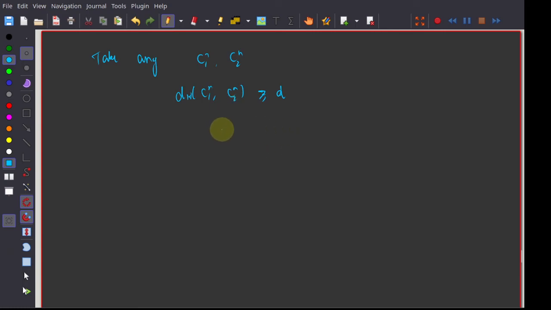Okay. So I'm telling you that they differ in at least d locations. Now, what happens when it is erased?